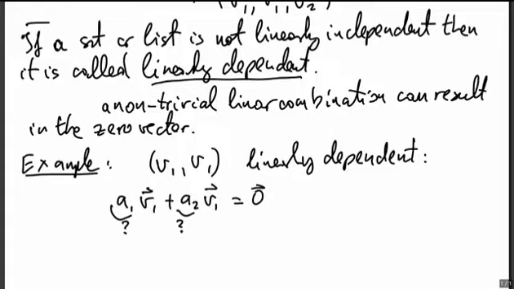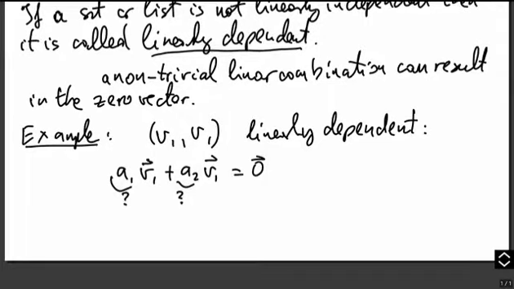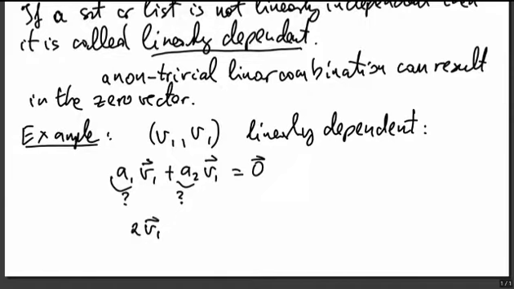Well, if you have v1 and another v1, one way to create 0 from those is if you cancel them with each other. So for example, we could have 2 v1 for one coefficient and then minus 2 for the other, and of course that will give you the 0 vector.